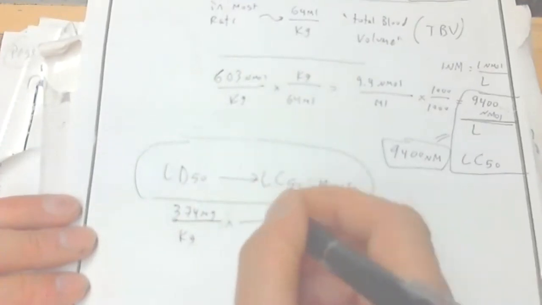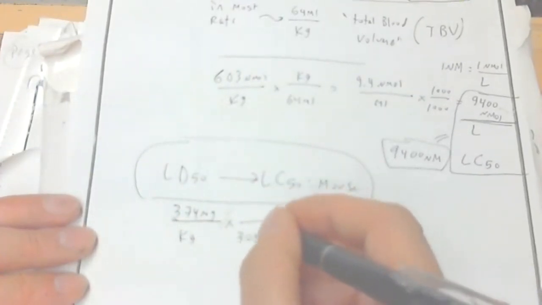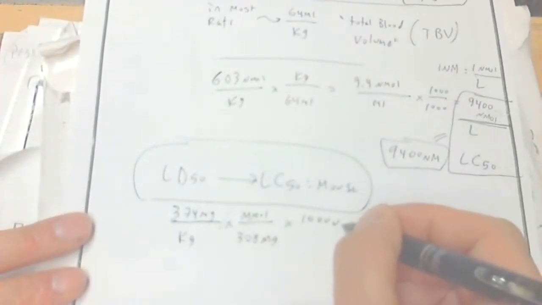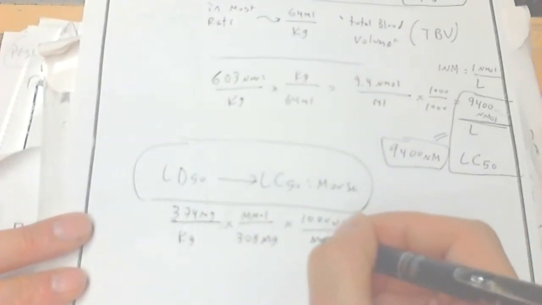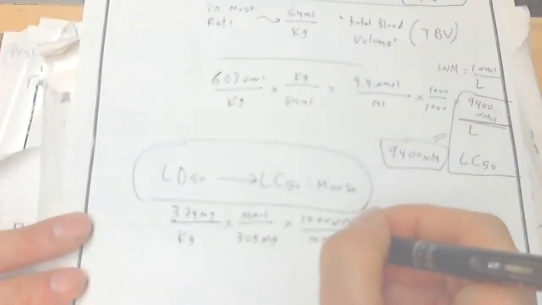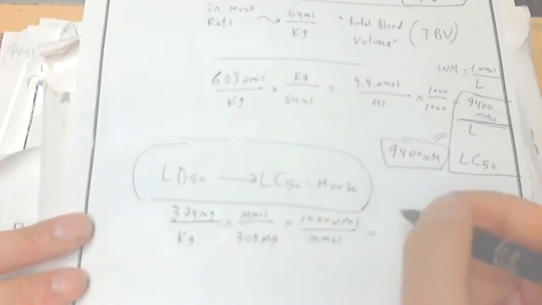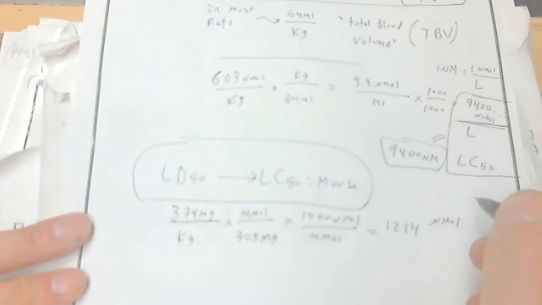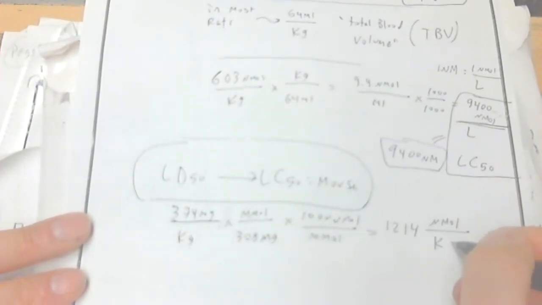So it's Warfarin, and it's 308 milligrams per millimole, grams per mole or milligrams per millimole, times 1,000 micromole per millimole, equals 1214 micromole per kilogram.